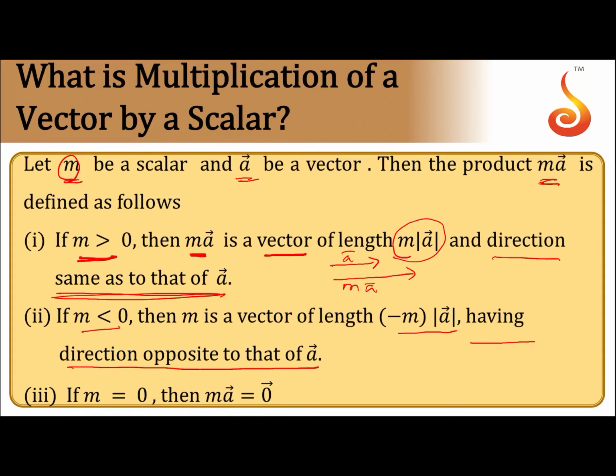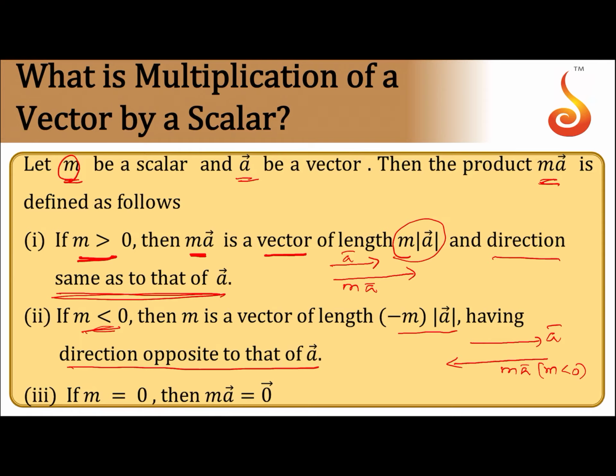It means if A bar is in this direction, MA bar is in the reverse direction. As M is negative, minus M is positive, so the magnitude is minus M into modulus of A. So MA bar is called a vector in the opposite direction of A.